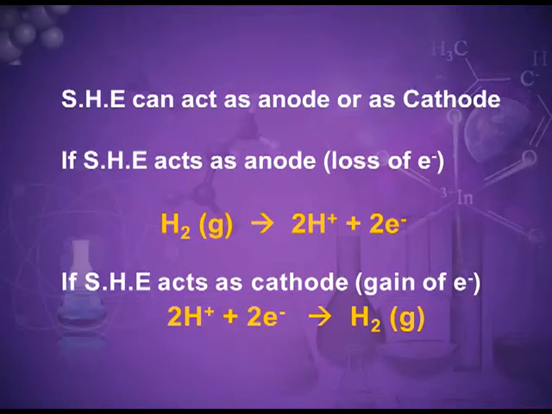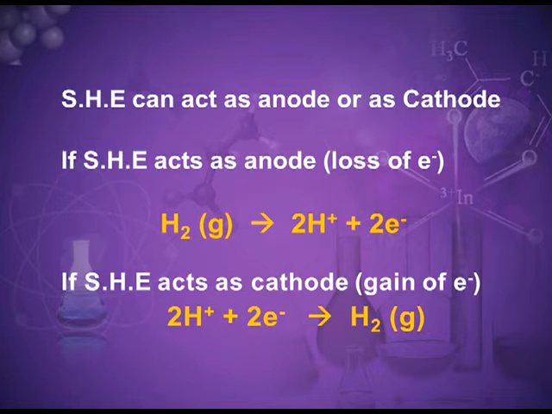Now let me explain both the reactions, how it can undergo oxidation, that is the loss of electrons, and how it can undergo reduction, that means the gain of electrons. Just see that. As anode, hydrogen gas loses 2 electrons and is oxidized to hydrogen ions.